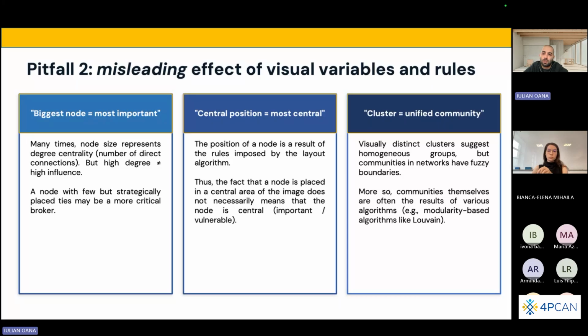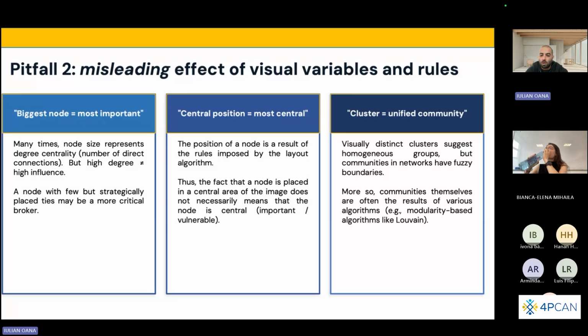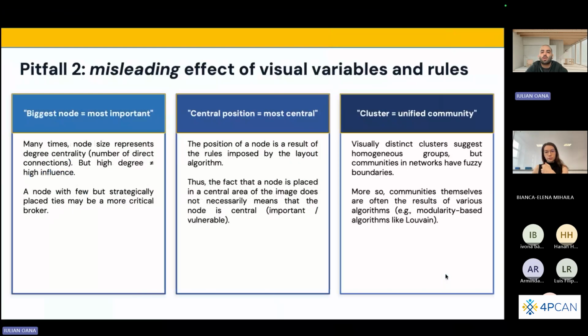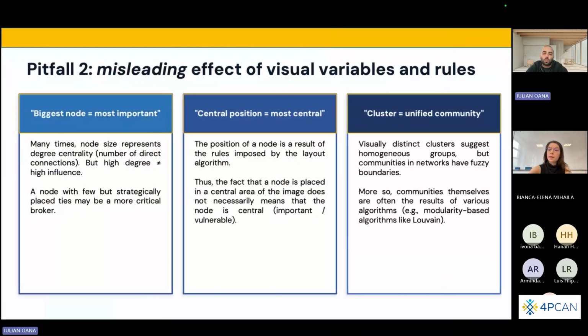Also, the idea of clusters, so that a cluster means a unified community. For example, there are various algorithms in network analysis called community detection algorithms, which will place nodes into what they consider to be distinct communities.